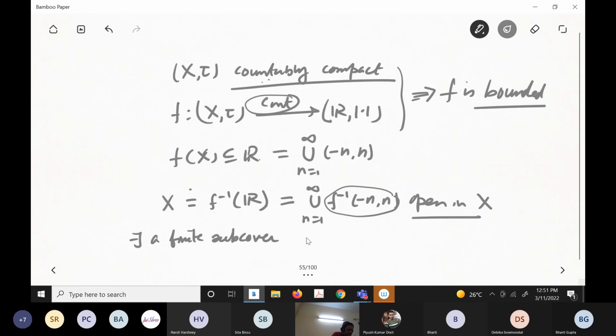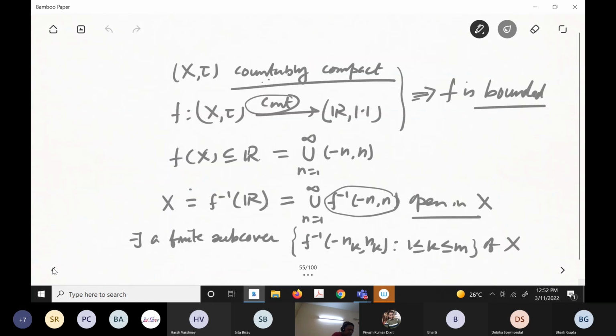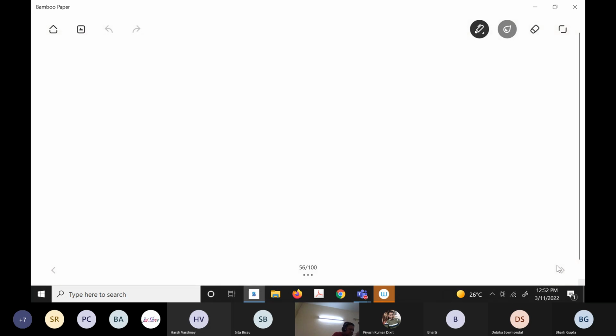Like this, of X. That means what you are getting? You are getting X equal to union, what I have written here, minus n_k's.